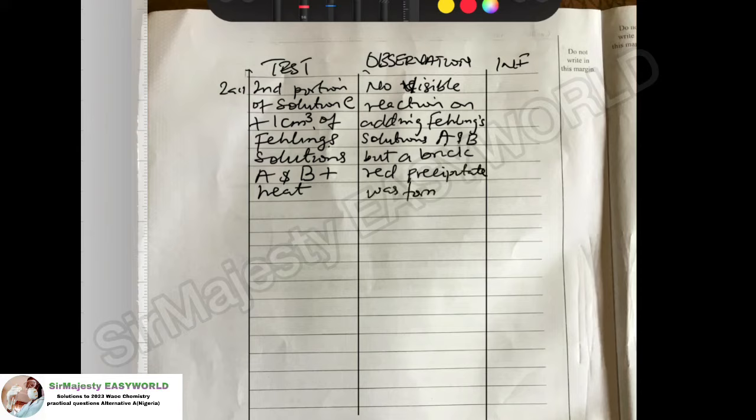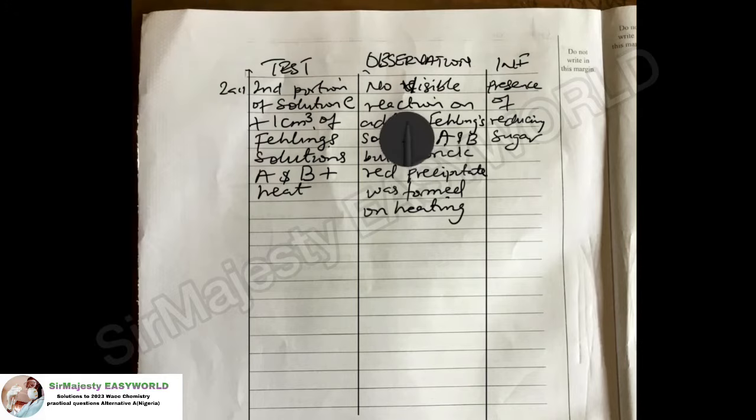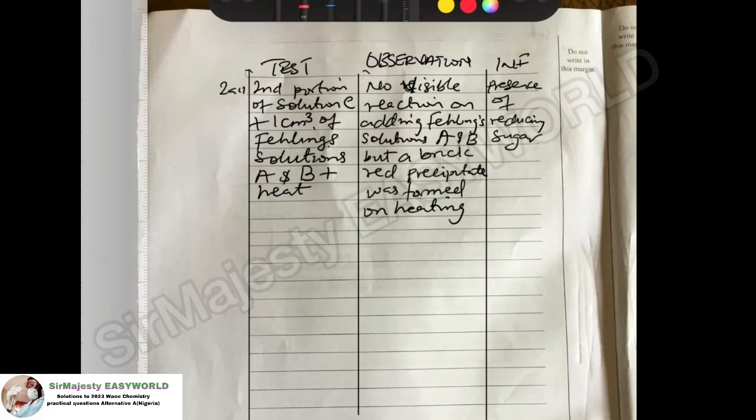So what's your inference? Presence of reducing sugar. So that's it for that aspect.